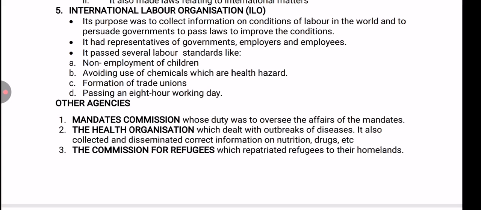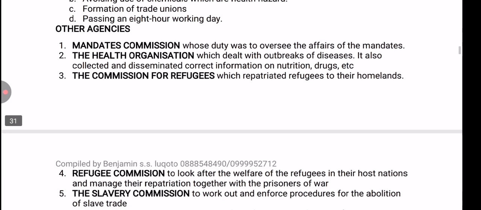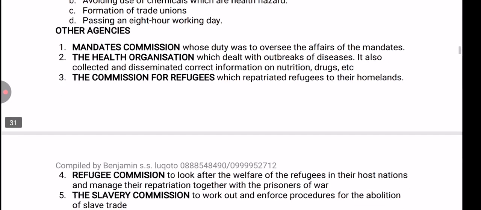It also led to the formation of trade unions. Trade unions are bodies that look after workers. These are some of the standards passed by the International Labour Organization.